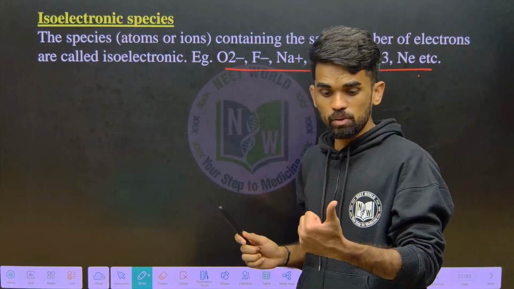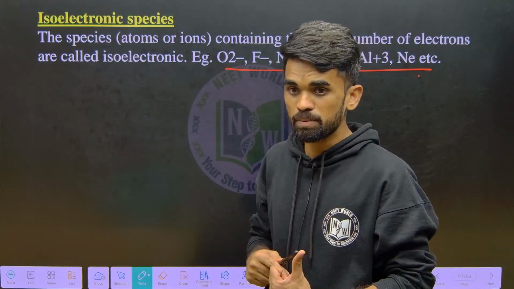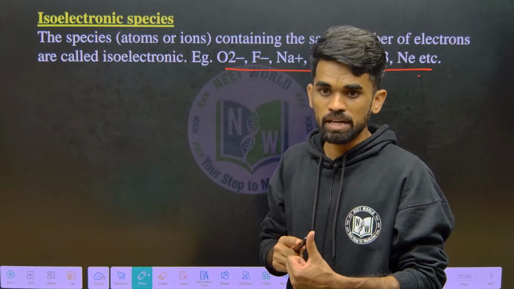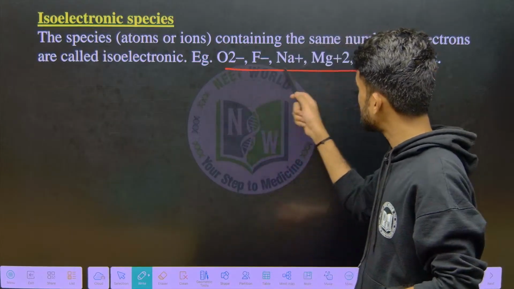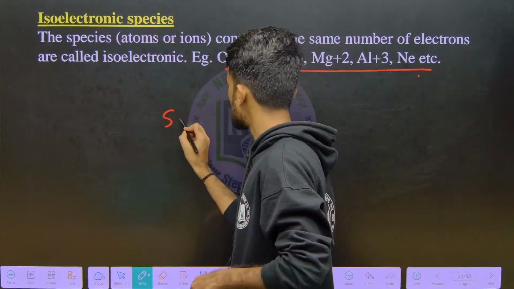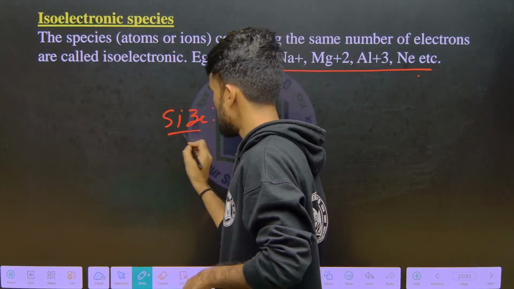In the last class I explained periodic properties: radius, atomic radius, ionic radius. Now arrange these species based on their size.